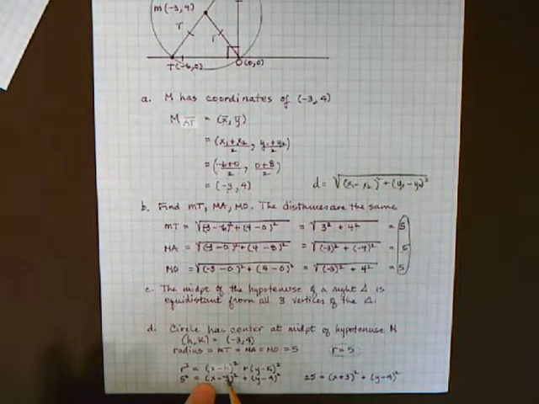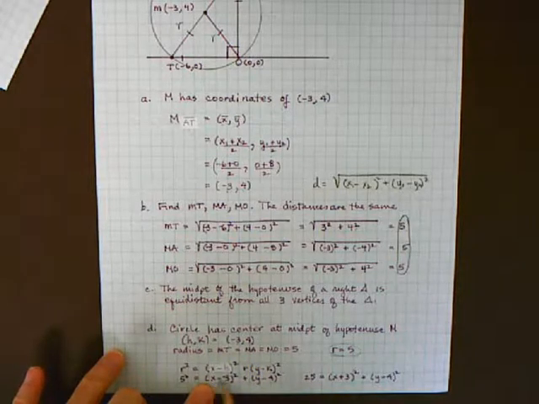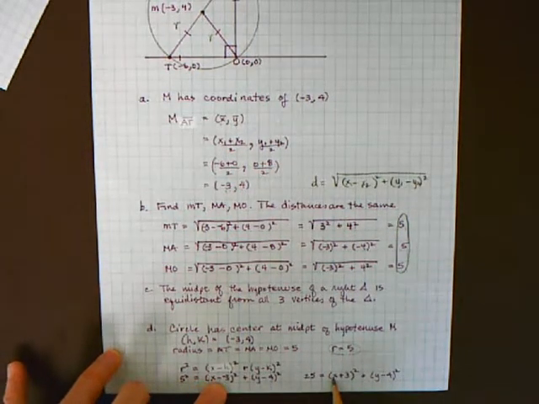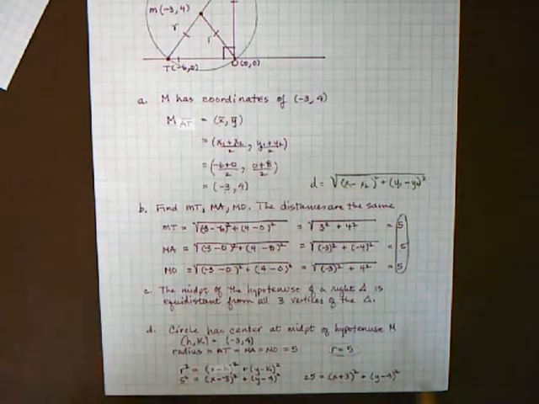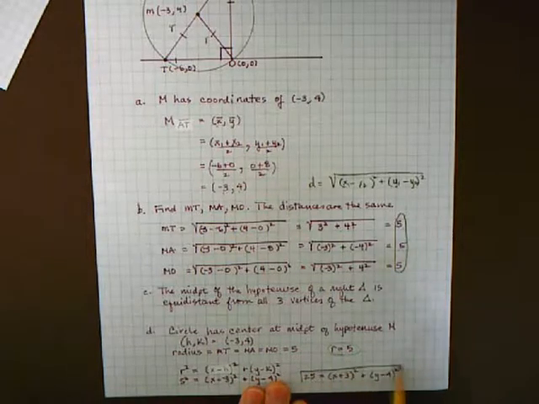H we said was negative 3, k is 4, x minus h quantity squared plus y minus k, which is 4 quantity squared, that's 5 squared, equals x minus negative 3, that's x plus 3 quantity squared plus y minus 4 quantity squared.